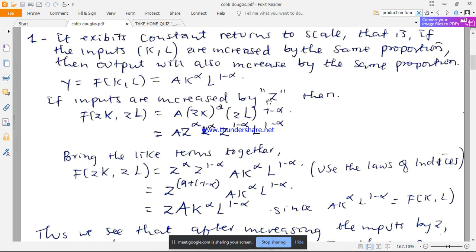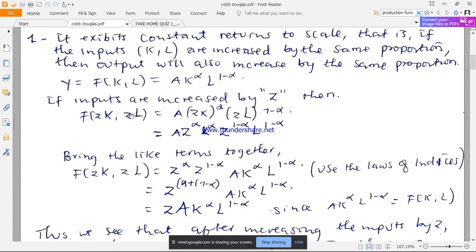If inputs are increased by Z, then we're saying if we plug in Z, which means we are now increasing capital and labor by Z. That's why I've got the function of Z capital, comma, Z labor, which means we have increased the inputs by an amount Z. Then output must also increase by this Z. Then we are going to conclude that the production function exhibits constant returns to scale.